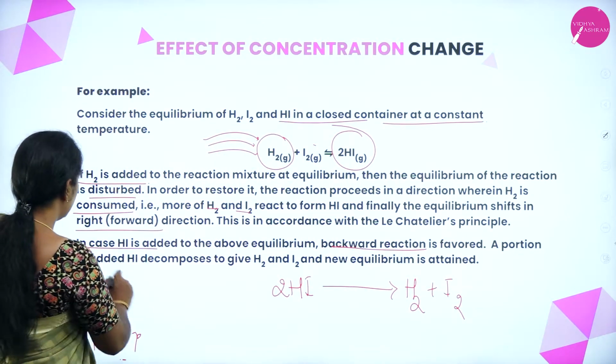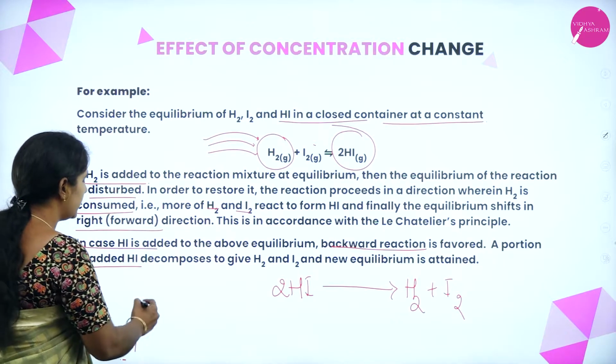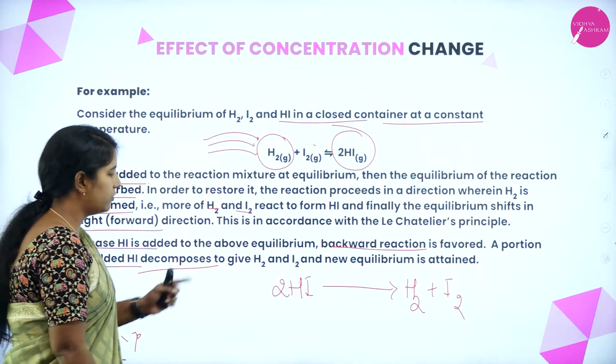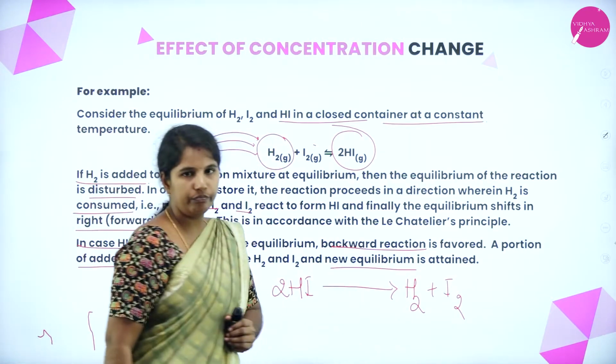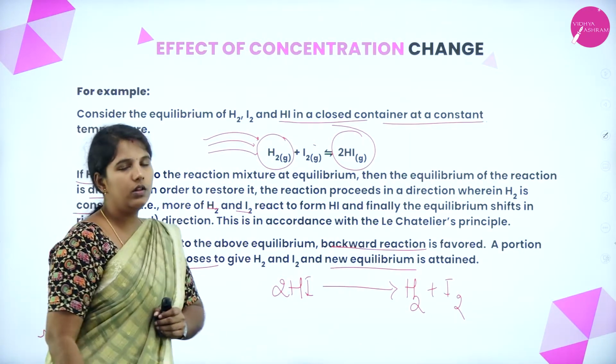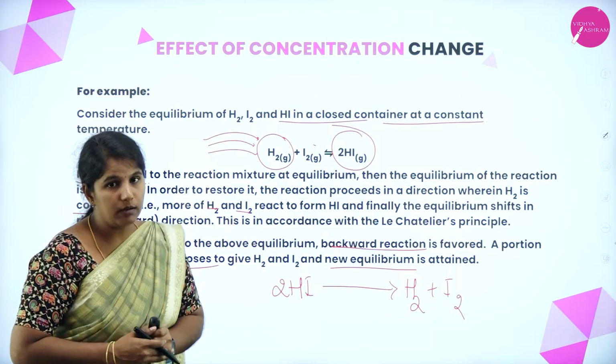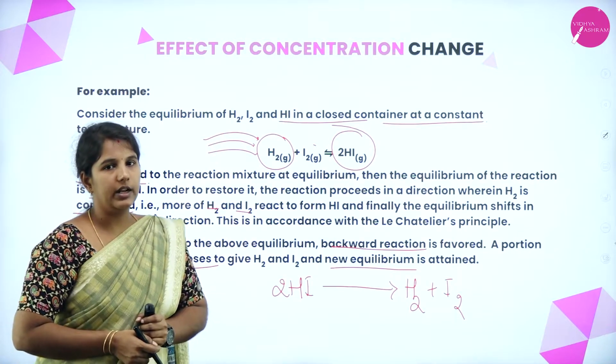A portion of the added hydrogen iodide decomposes to give hydrogen and iodine, which attains a new equilibrium. This is how concentration change can be understood using Le Chatelier's principle.